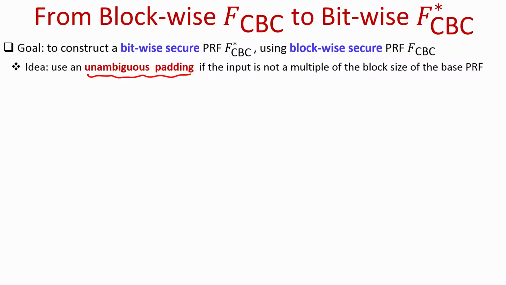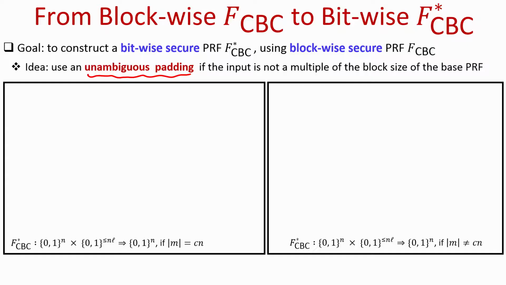So, for simplicity assume that the block size of the base PRF is little n bits. Now, you want to design a PRF which I denote as F star CBC, taking a key of size n bits, and it can take any input bit sequence of length up to nL bits, right. And now there could be 2 possible cases depending upon whether the size of the input for this PRF F star is equal to some multiple of n or not.